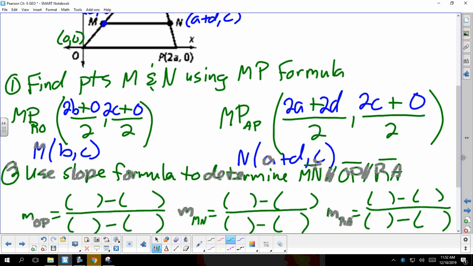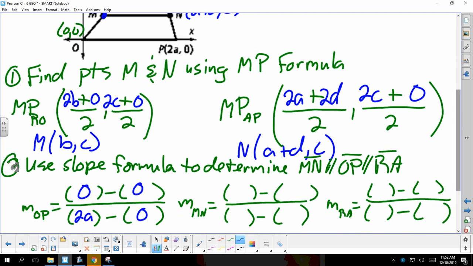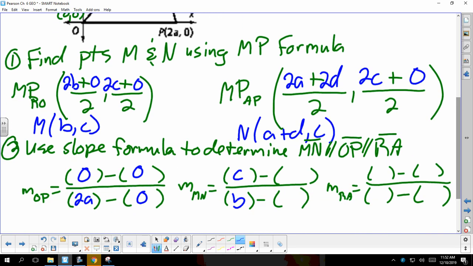So for OP, I'm going to put y on top of its own x: 0 over 2a, and y on top of its own x: 0 over 0. And then for MN, that next one up there, I have c over b, and then c over a plus b.